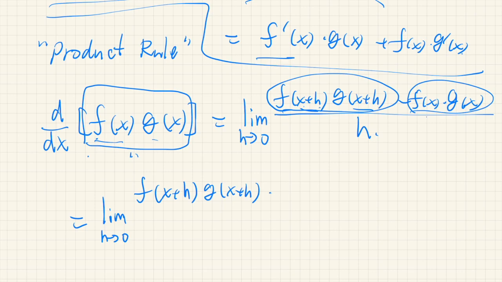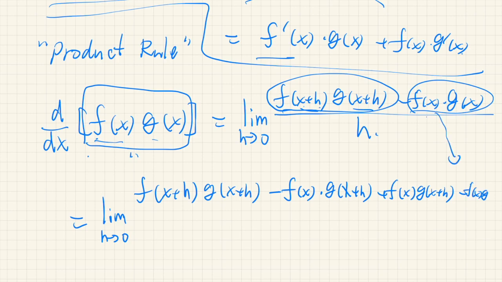For example, minus f of x times g of x plus h. We subtract this term and add the same term, and minus this one, f of x times g of x. Sorry for it being a little bit ugly.